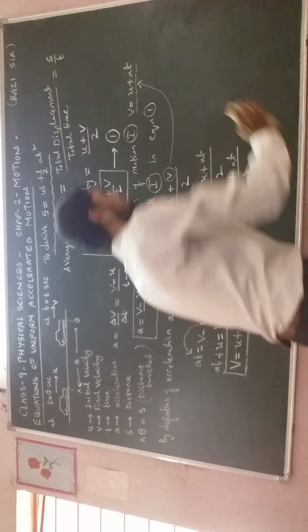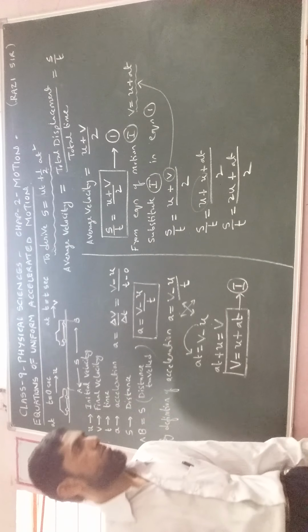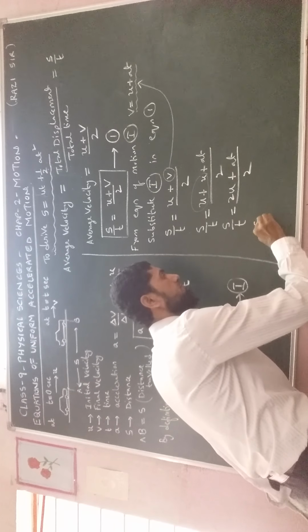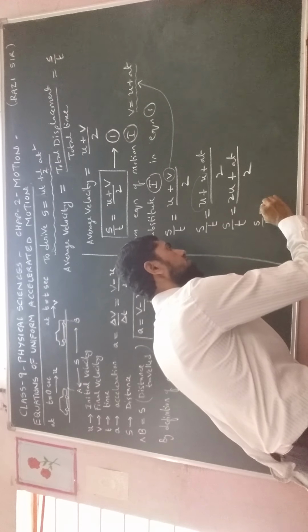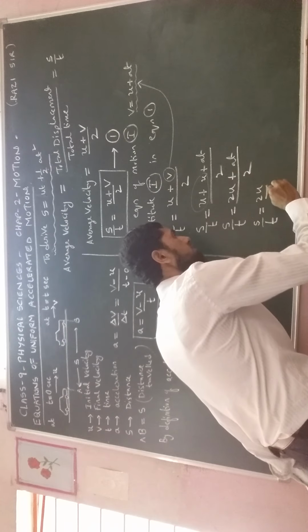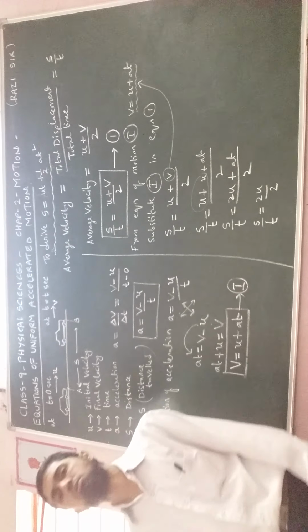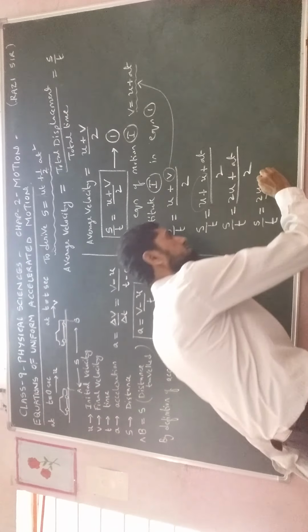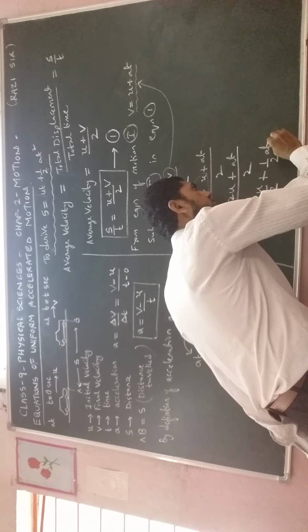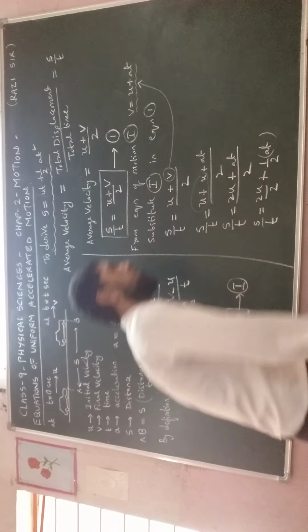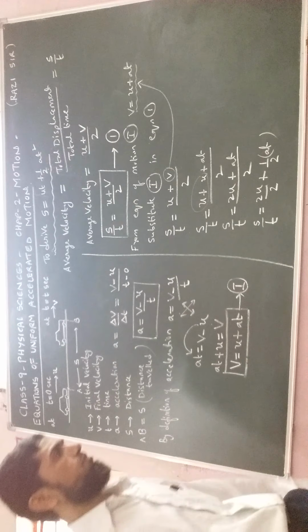Then we divide every term by 2. So we get S by t is equal to 2u by 2 plus 1 by 2 into at, or at by 2, anything we can write.